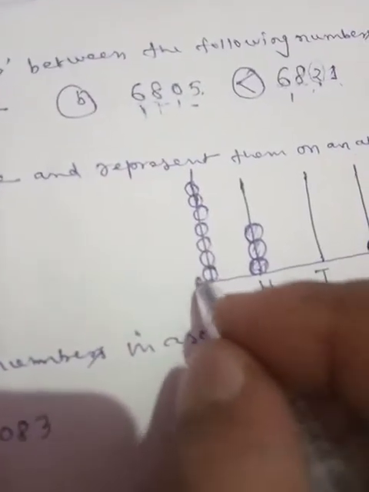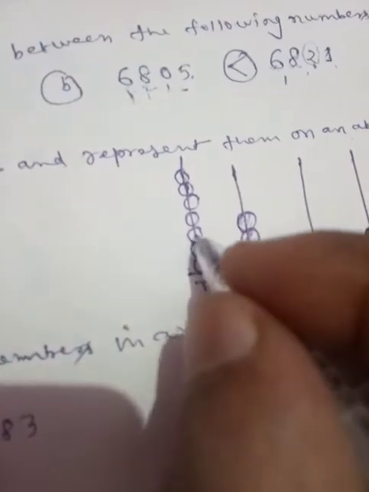In this way we represent 7301. We have to write this in number name: 7 thousand 301.